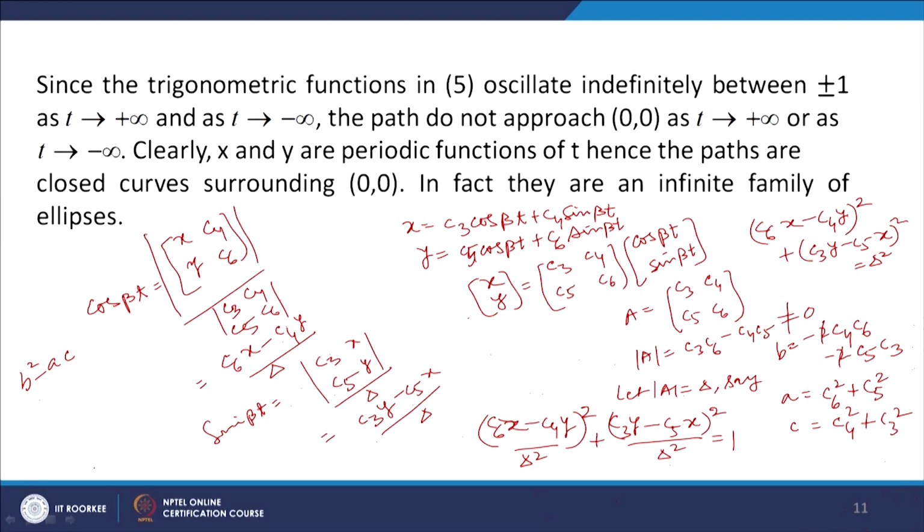So, we have (C4 C6 plus C5 C3) whole square, b square means (C4 C6 plus C5 C3) whole square, minus (C6 square plus C5 square) into (C4 square plus C3 square).